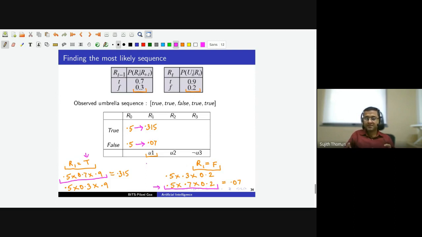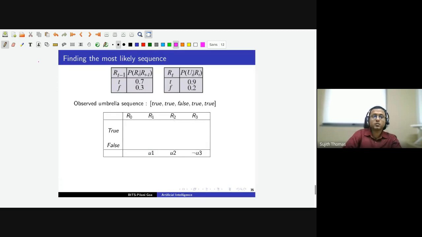And the same step we will repeat for R2. So when we repeat for R2, we will once again assume that R2 is equal to true. And we will look at two cases where R1 is equal to true and R1 is equal to false. So I will note down the thing that we had in the previous slide. R1 is equal to true will be 0.315 and R1 is equal to false will be 0.07.